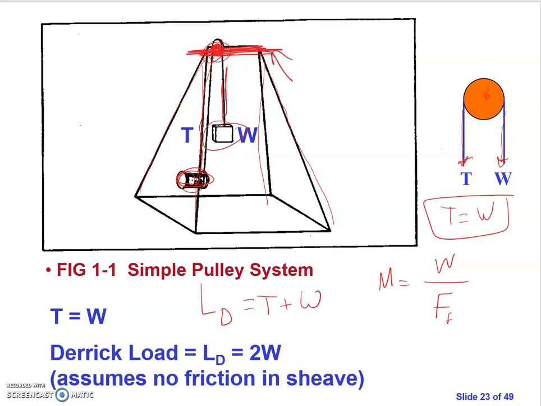Sometimes we will show it with FD later on as well, but here let's just say LD. That's the force which is acting on the derrick, and that's the summation of T plus W. Since T and W are equal, it's 2 multiplied by W. And here we of course assume there is no friction in the sheaves.